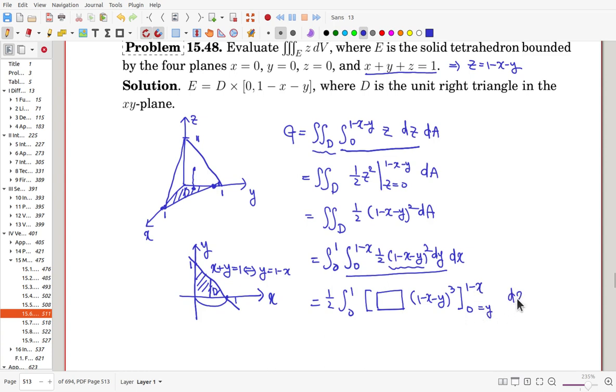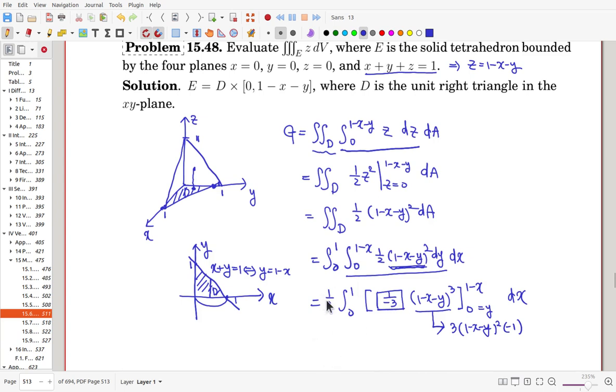After getting this one, we try to get the X integration. Now we have to decide this unknown coefficient. In order to do that, we differentiate this portion: 3 times 1 minus X minus Y squared, and the Y derivative gives a coefficient of minus 1. Compared with this integrand, we have a minus 3 extra component, so we put here 1 over minus 3.